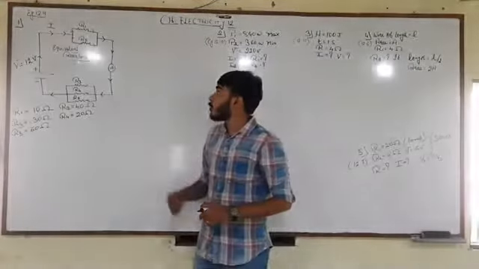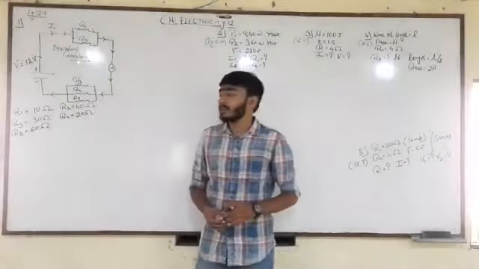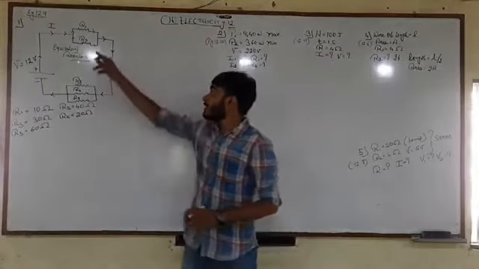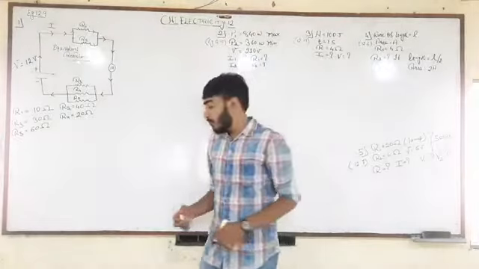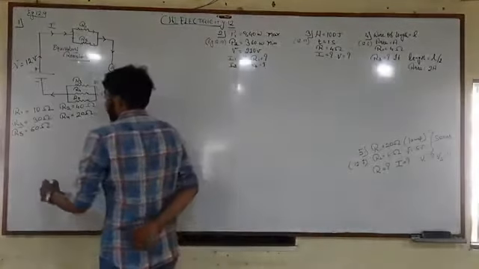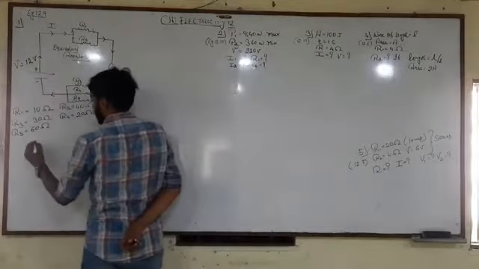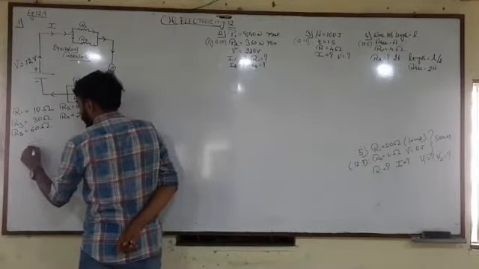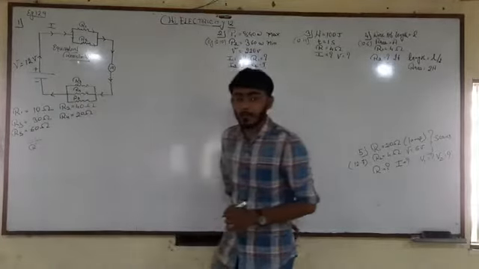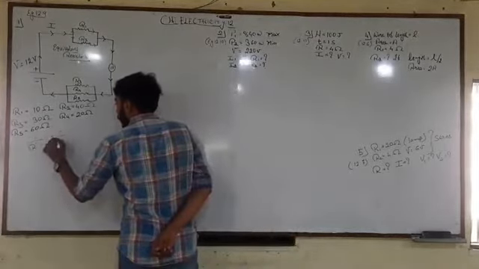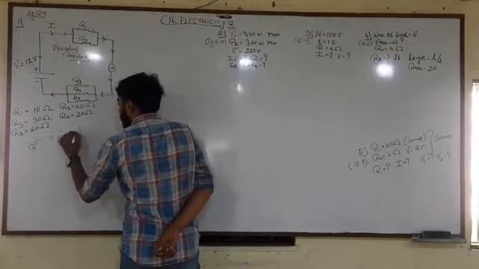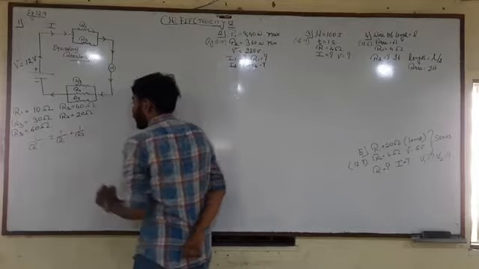I hope you are clear with this: resistance 1 and resistance 2, these both are in parallel connection. I hope you know the formula for parallel connections. Let us say the combination of both is 1 upon R prime. 1 upon R prime is equal to 1 upon R1 plus 1 upon R2.